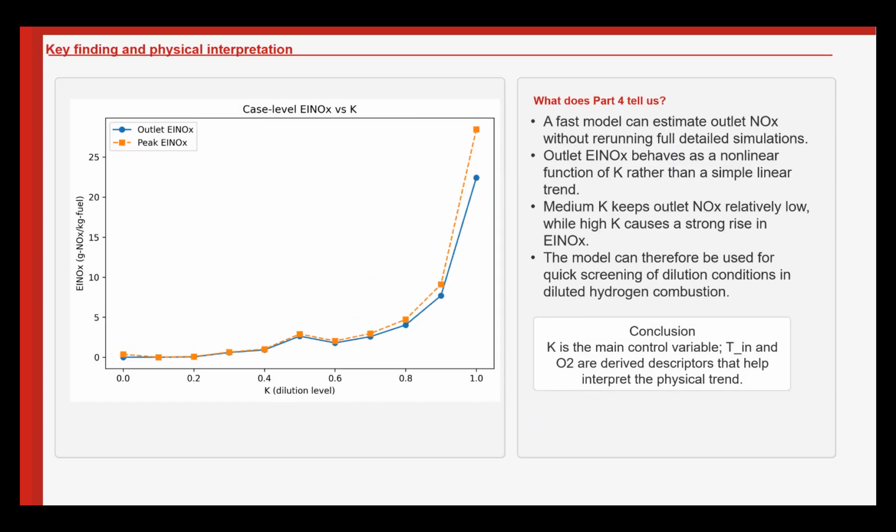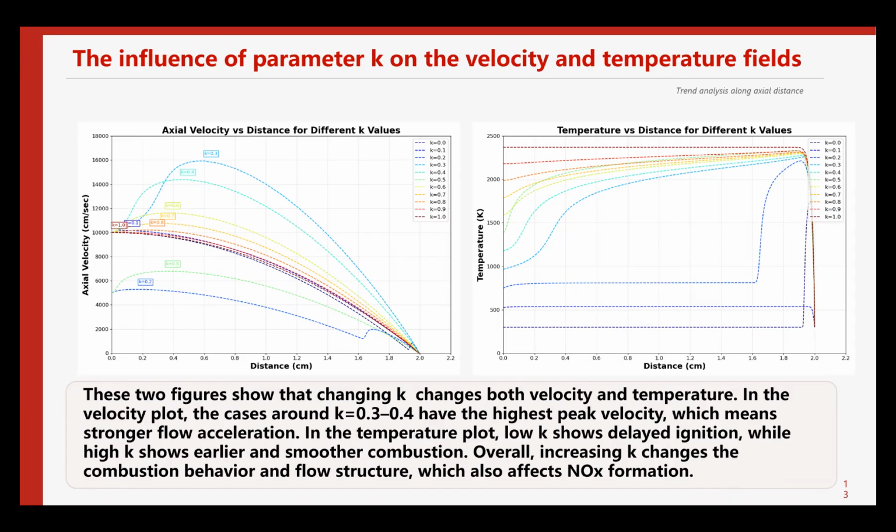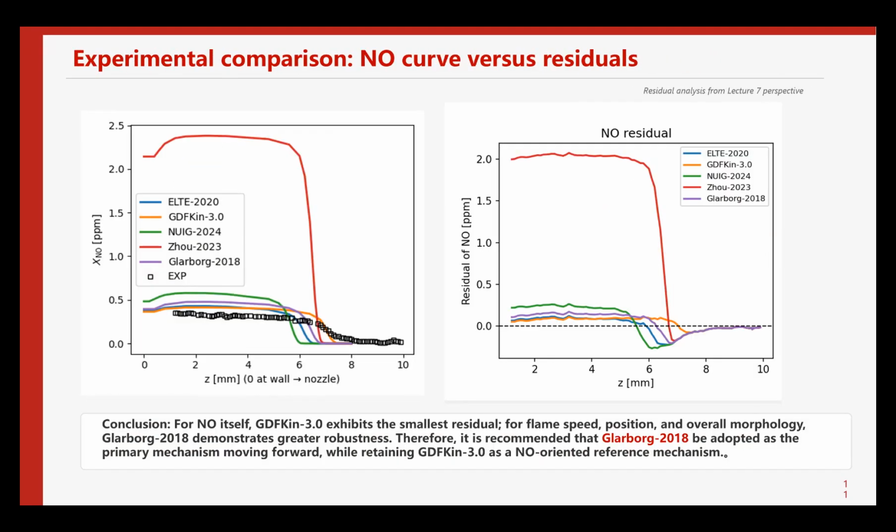And finally, I want to make a short conclusion. This project combines combustion simulation with data analysis methods from COMP3115, and there are three main findings. First, after comparing several mechanisms, I chose Glarborg 2018 as the main mechanism.